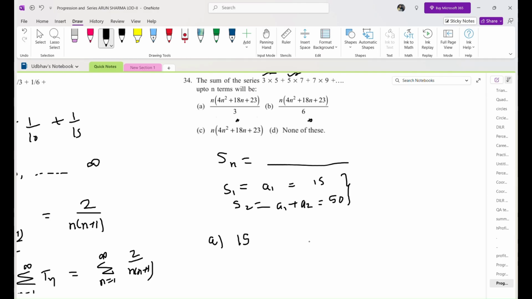So indeed the first option is giving us 15. Now see the second option. In the second option, 1 here, 4 plus 18 plus 23 will give us 45, because it's the same as that. But 45 is not divided by 6.